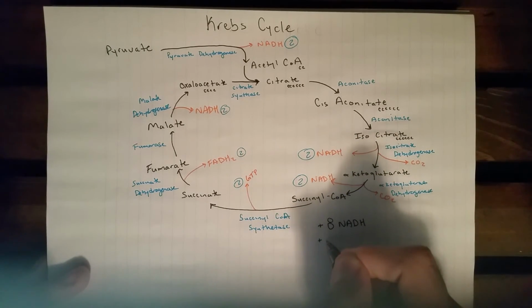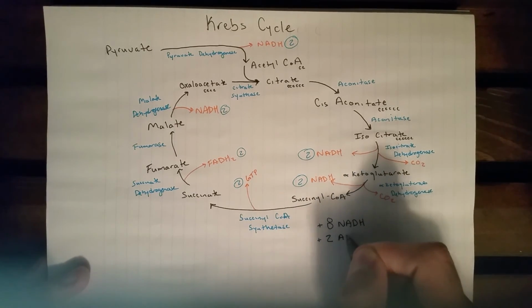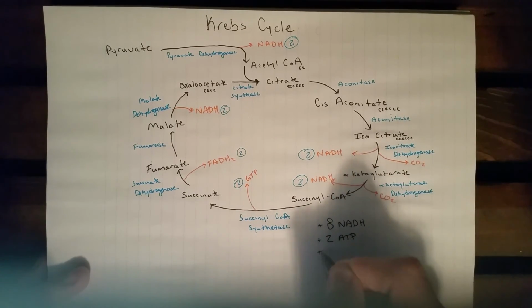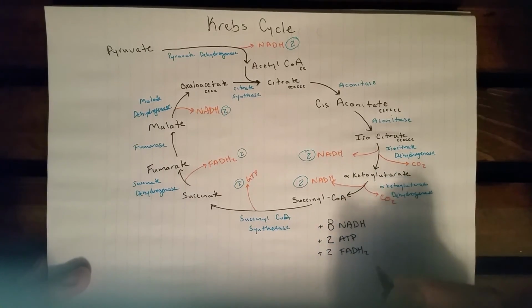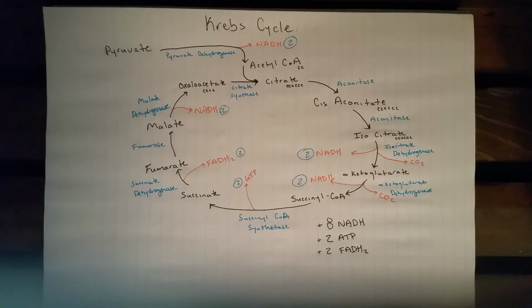We're adding 2 ATPs, and we're also adding 2 FADH2s. So that's what we got here for the Krebs cycle.